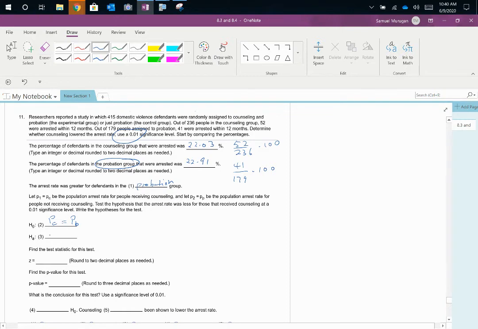And the alternative hypothesis was that the rate for people receiving counseling was less than those receiving probation. Be careful here, okay?